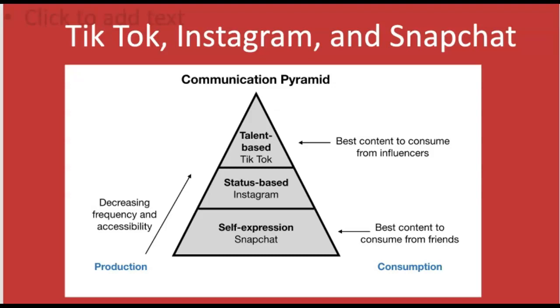They say what made TikTok so popular is that it is talent based. Most of the popular content on TikTok is created by internet influencers or social network influencers. They create something funny, other people duplicate it, and it becomes super popular.